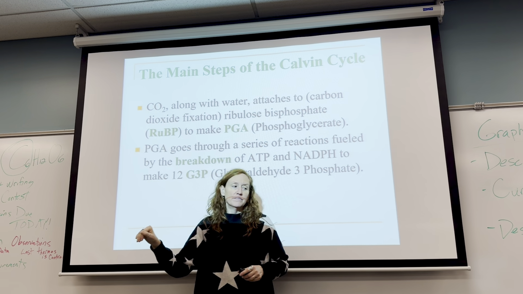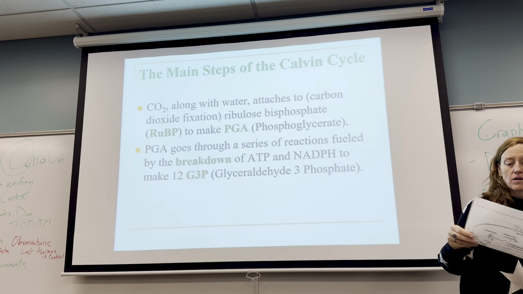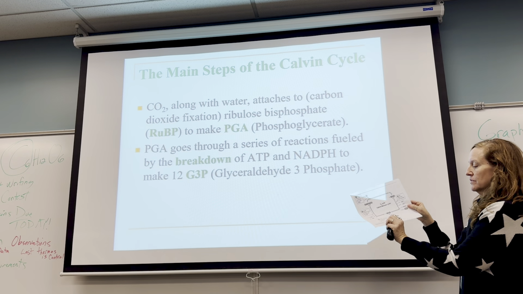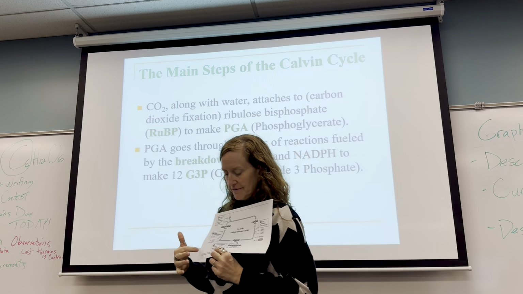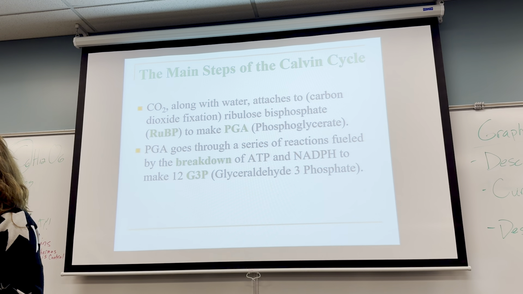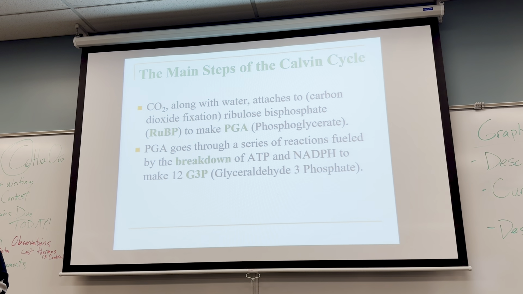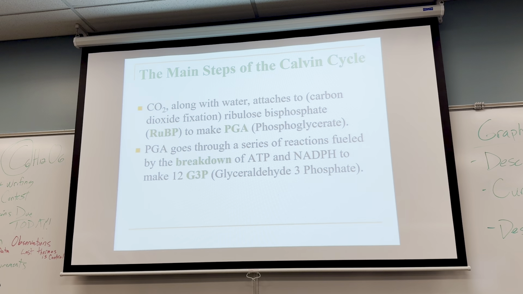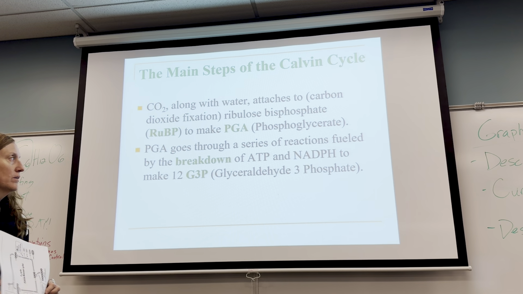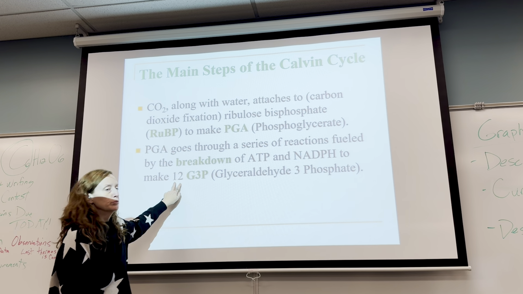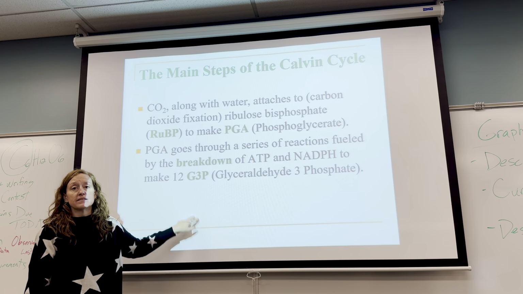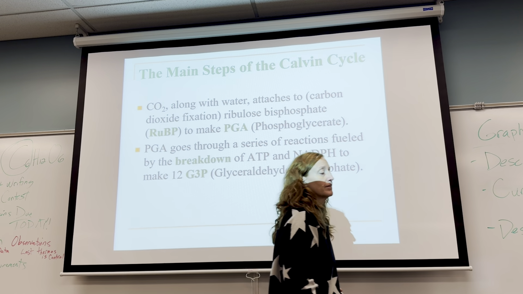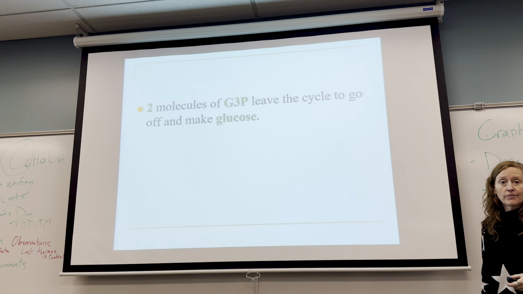Of these 12, 2 of them go off and make glucose. 10 go back through a series of reactions to regenerate RuBP. So these 12, 2 of them go off to make glucose. The other 10 stay in the system to eventually regenerate RuBP.